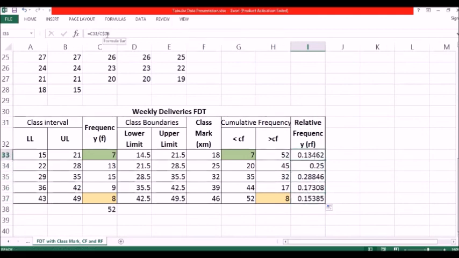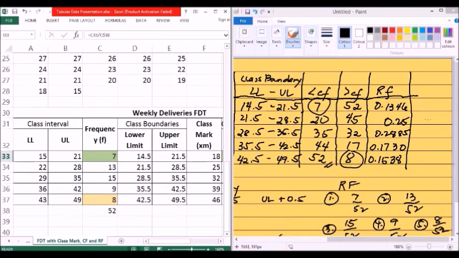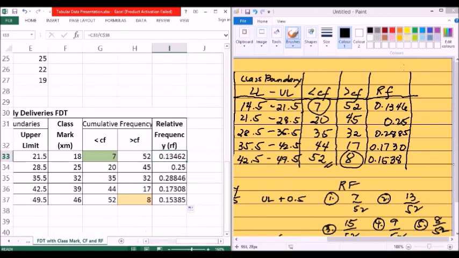So kung i-check natin, compare natin din sa ating results sa written, oh, ayan. So same naman po yung lalabas. Okay, so by the way, pag po inadd mo lahat ng relative frequency, ayan, so para mabilis.